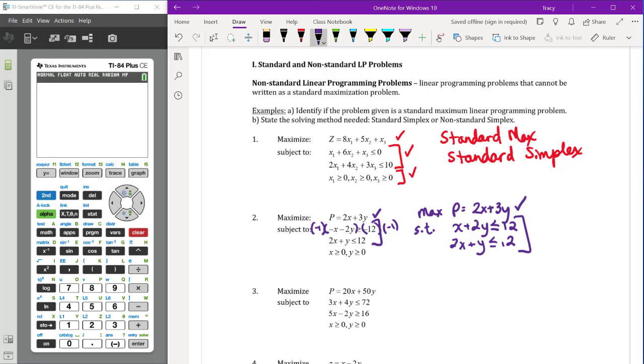And when I look at both the numbers after, they're also non-negative. So this meets the second and third criteria. The last criteria is all of the variables must be non-negative. x and y were greater than or equal to 0, so that meets our fourth criteria. That means this is a standard max when we rewrite it. So we will use the standard simplex method.